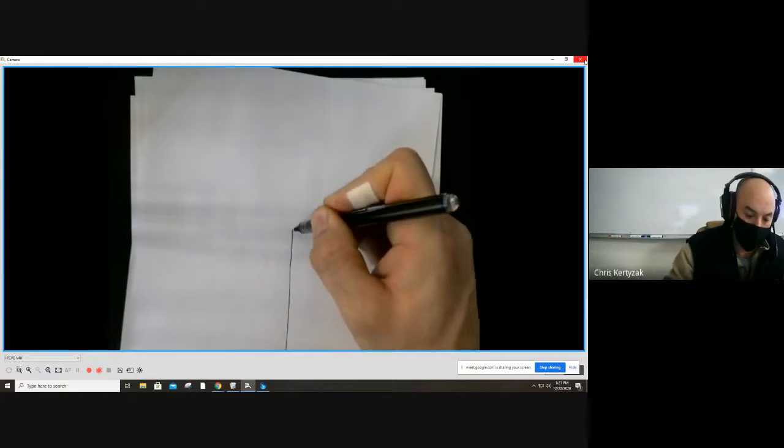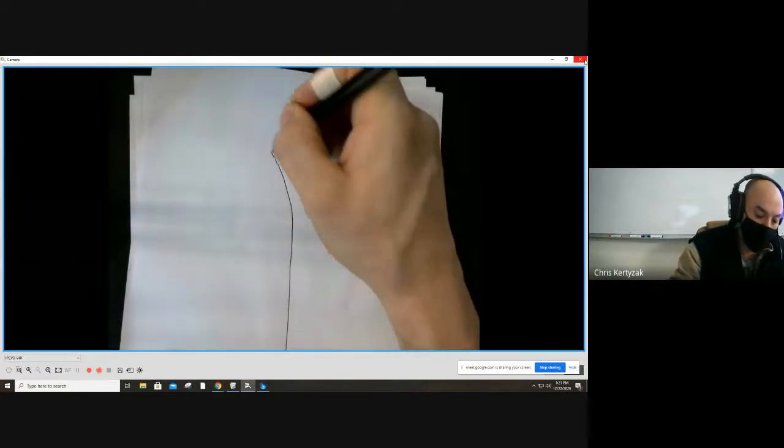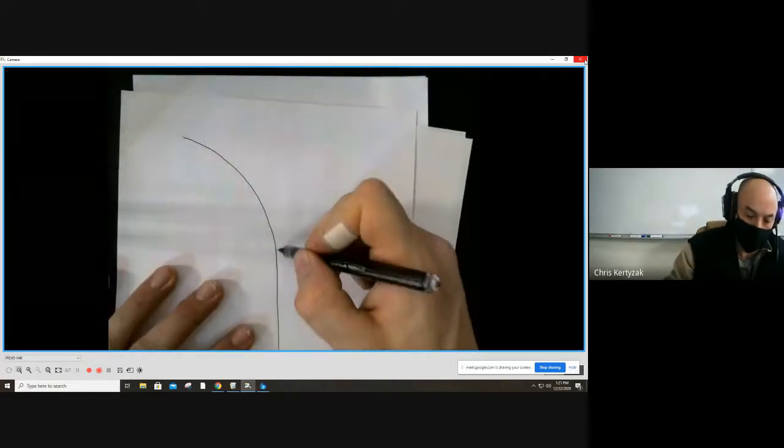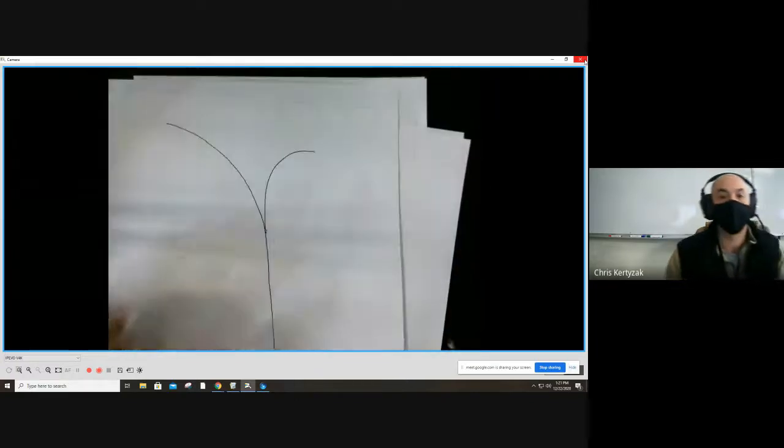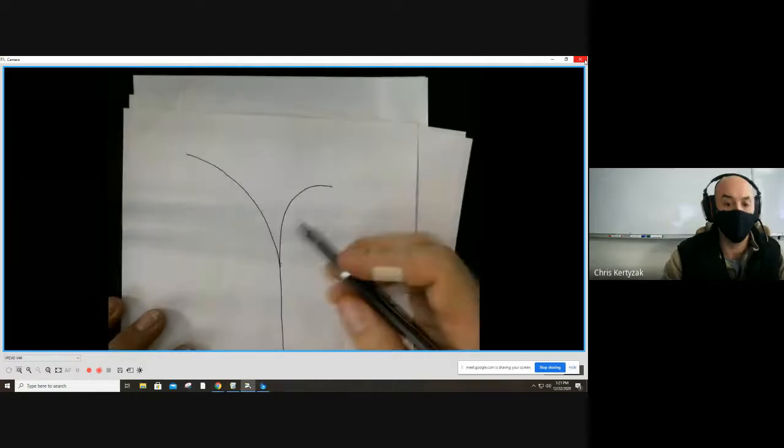And then think about it this way. If you're on the highway and you have 2 off-ramps, one that goes like this, and another one that goes like this. And you ask, is this circular motion?